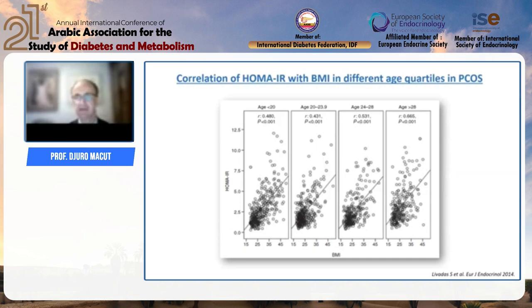But when we analyze quartiles of this group of women, especially older and younger ages and their body composition, we can say that if they remain lean, they can remain at the previous level of insulin resistance.